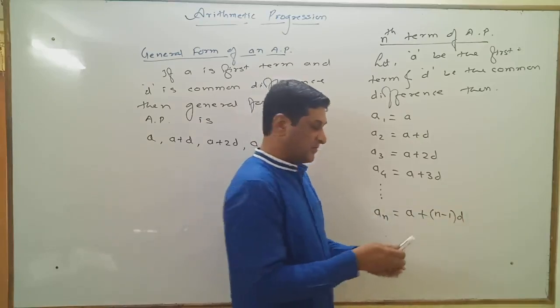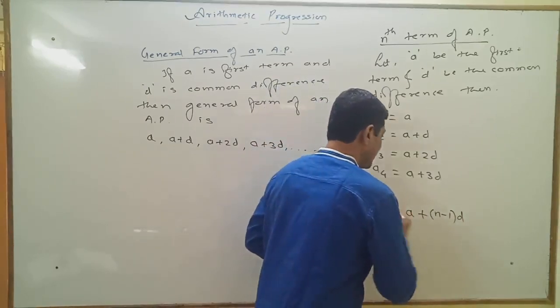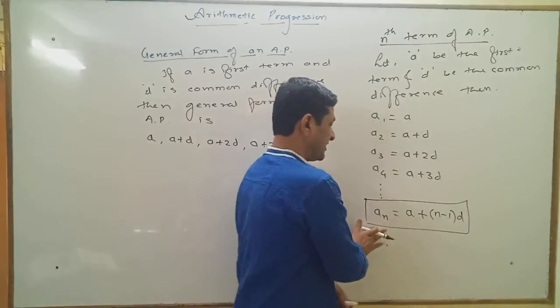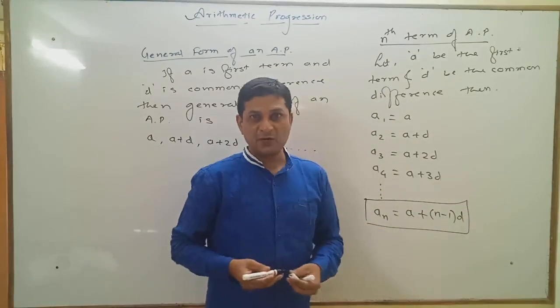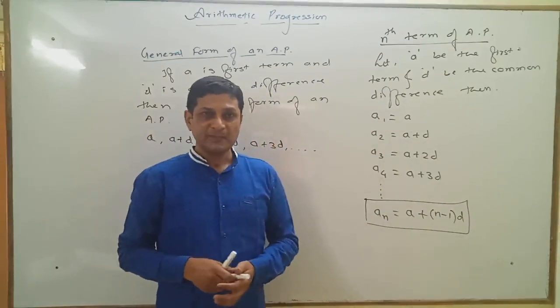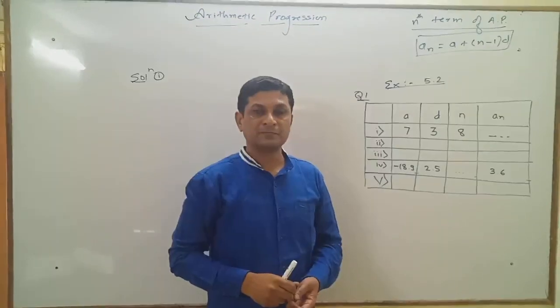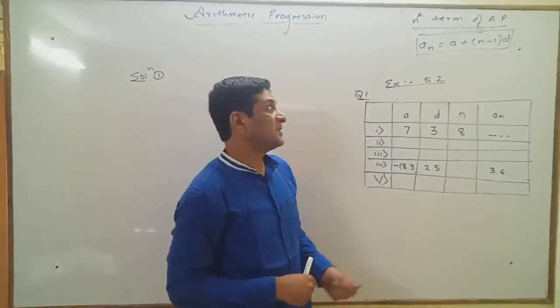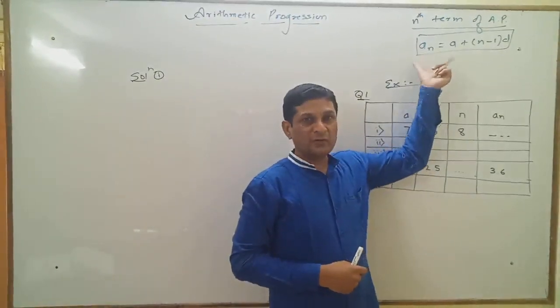And this is one of the very important formulas to find the nth term of an arithmetic progression. Applying this formula, we have to solve the examples. Just now we have seen a formula to find the nth term.